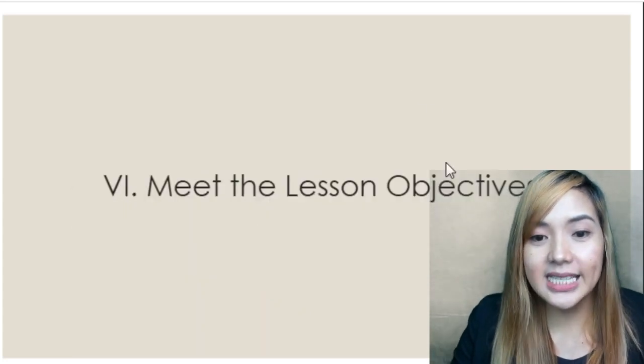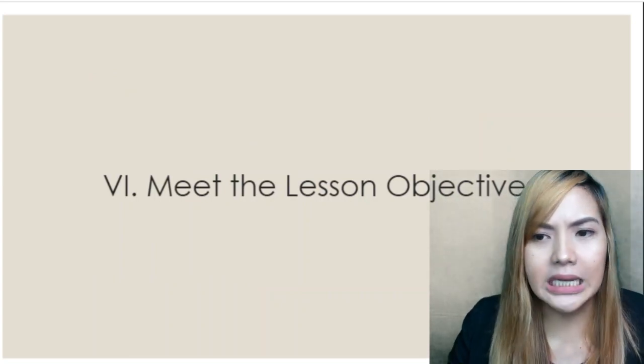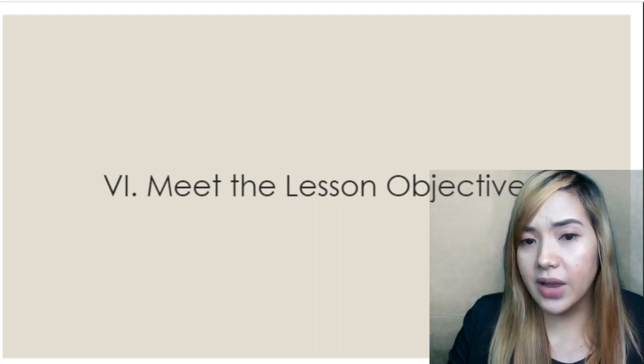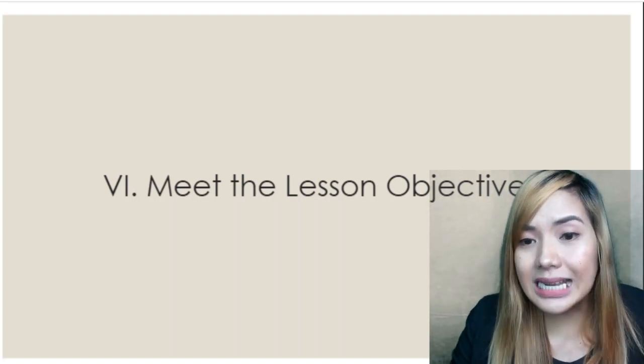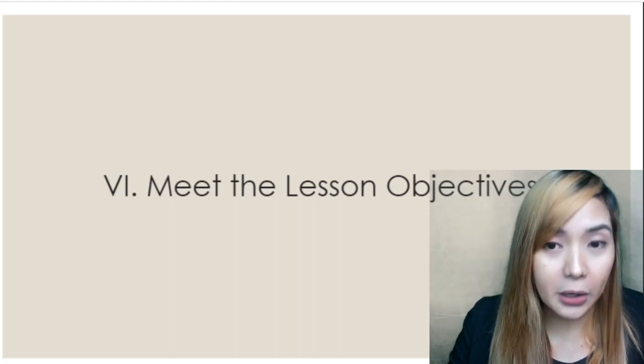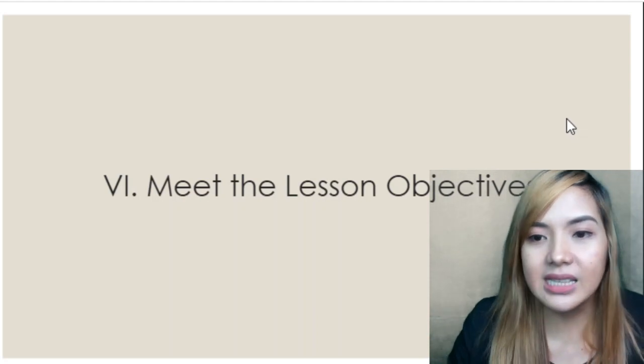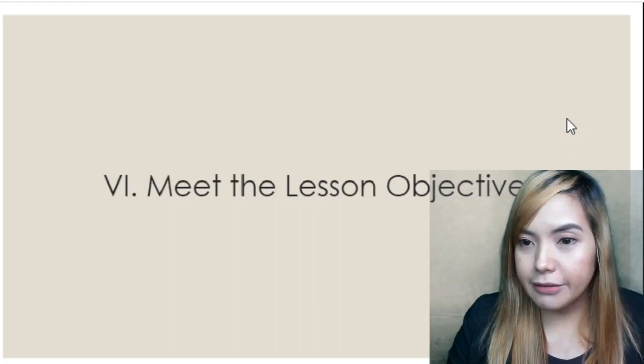Number 7 is meet the lesson objectives, because Novakid lessons are structured in a way that will be most effective for EFL learners. We have to stick to the structure by focusing on the target language and objective per lesson. How can we do it? We just follow every slide objective.